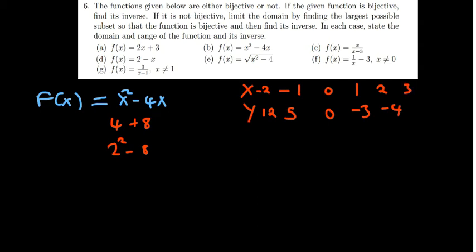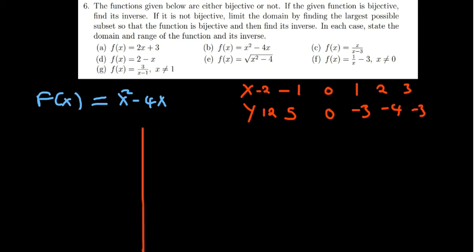Put a 3 there. 3 squared will be 9 minus 12, which will be a minus 3. I think those points are enough.